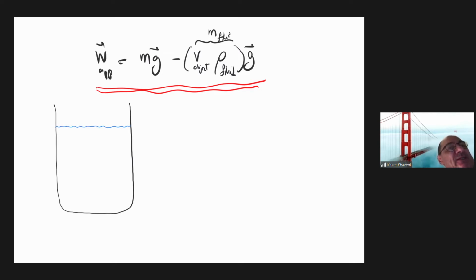But one easy way of finding volume of objects is just you dip it in a cylindrical container that has some liquid in it, and then you know how much that liquid rises when you submerge the object. And from the volume of that displacement, you can find out the actual volume of the object. But we'll talk about that a little bit later.